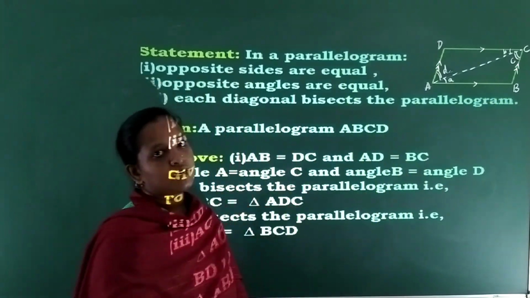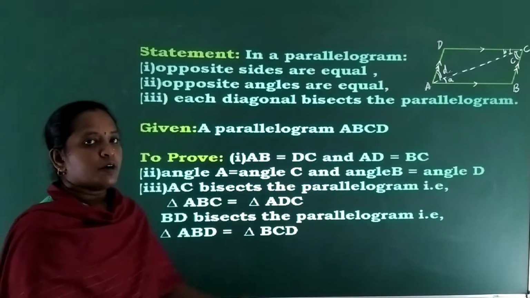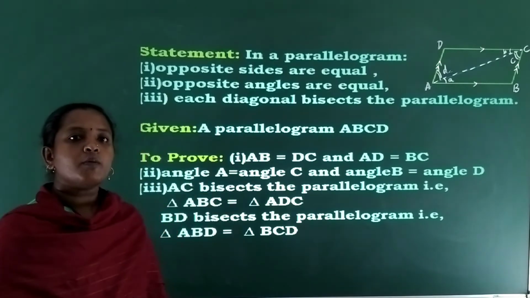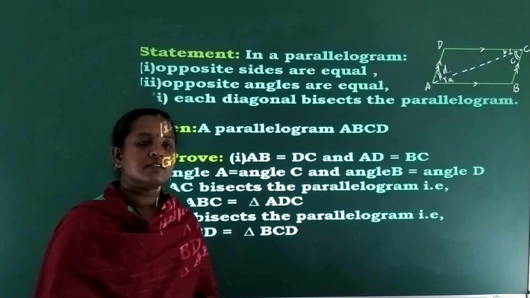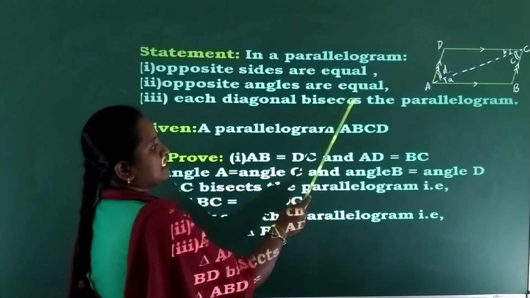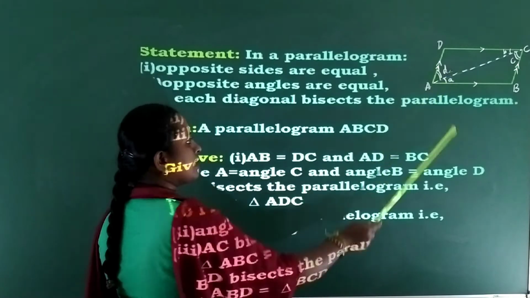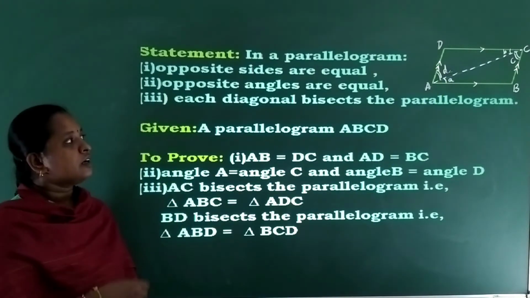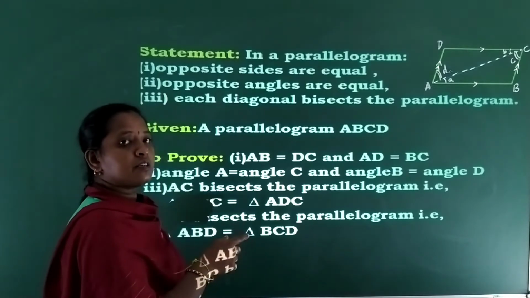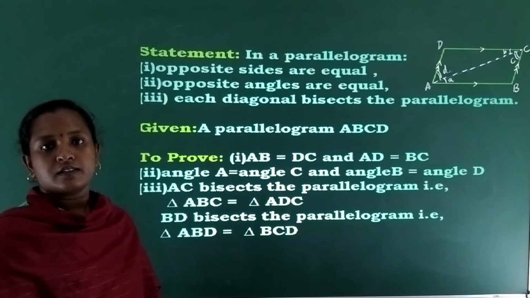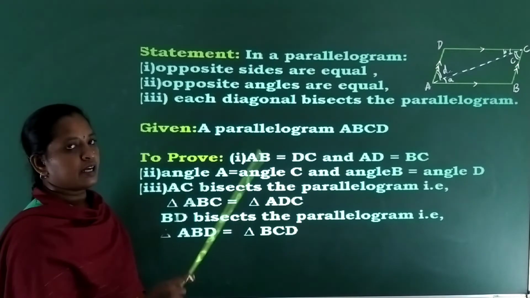No need to draw another diagonal, because if you prove it for one, it is similar to the other. That's why each diagonal bisects the parallelogram. If I draw one diagonal, how many triangles will it create? Two triangles. If I draw two diagonals, it will create four triangles. So two triangles are enough, children.